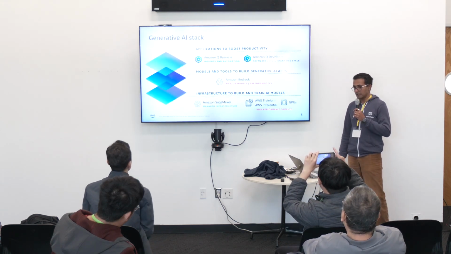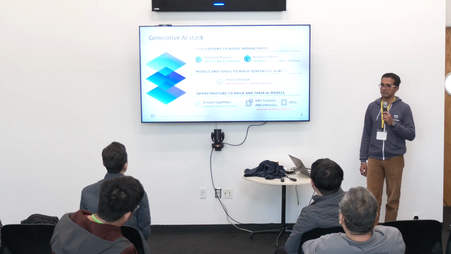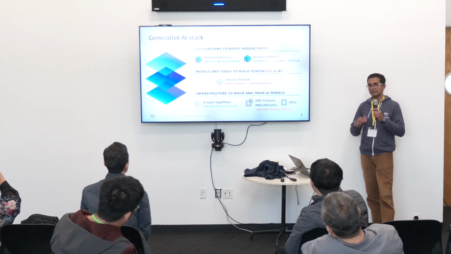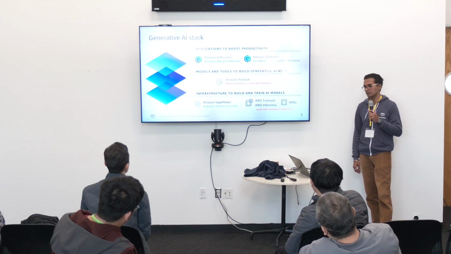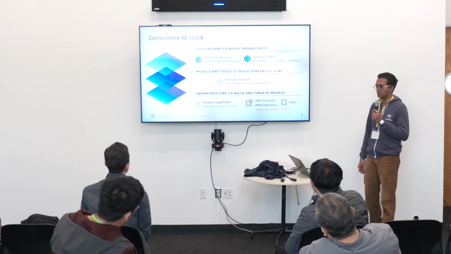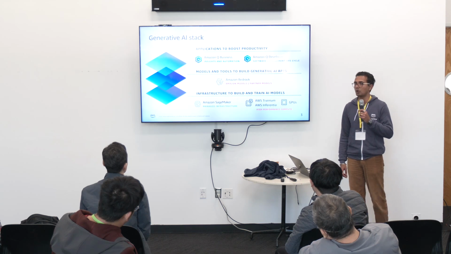So when it comes to generative AI, at AWS, we look at this as an entire stack, not just as a one service. It's a 3-layer stack. At the very bottom of the layer, it's basically all the infrastructure to build and train the large language models or the foundation models we call.